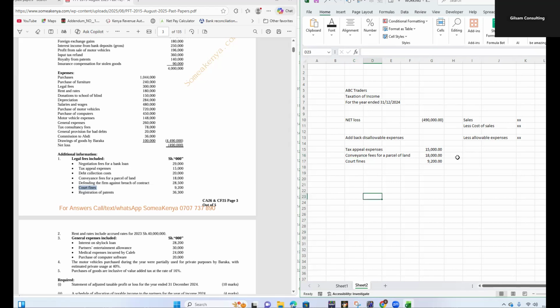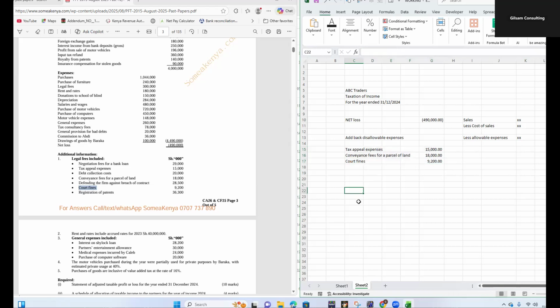These expenses have been subtracted to arrive at the net loss of 490, but by the tax laws you are not allowed to subtract them as an expense.